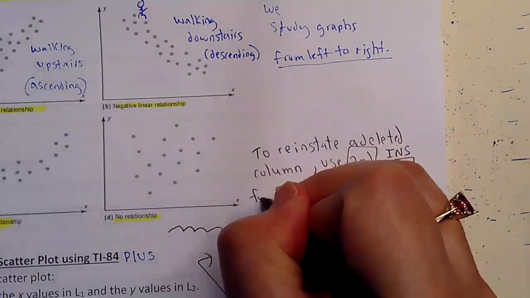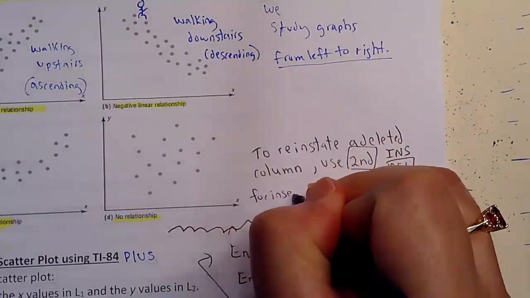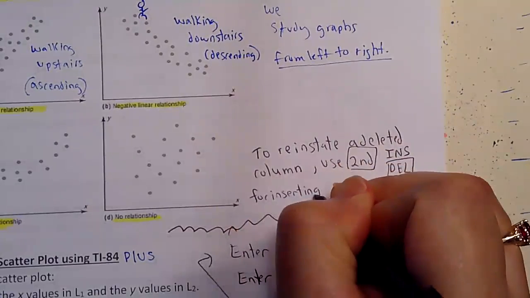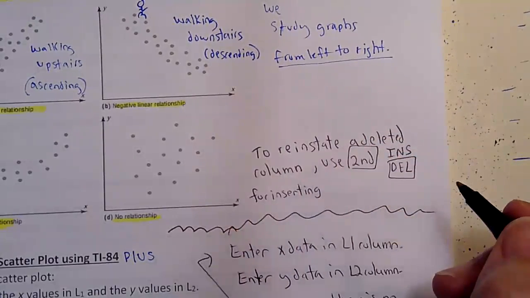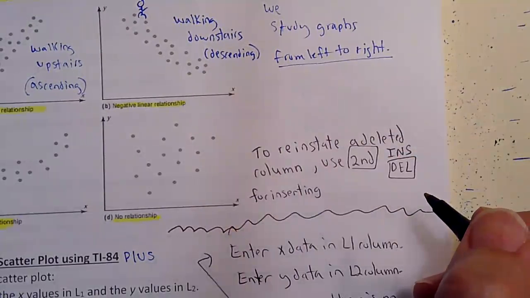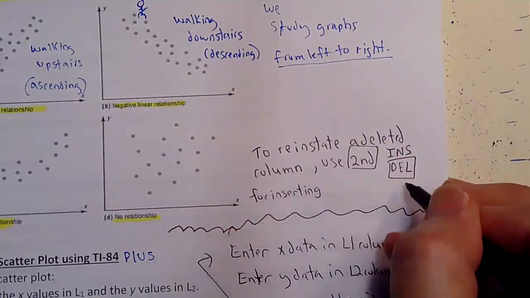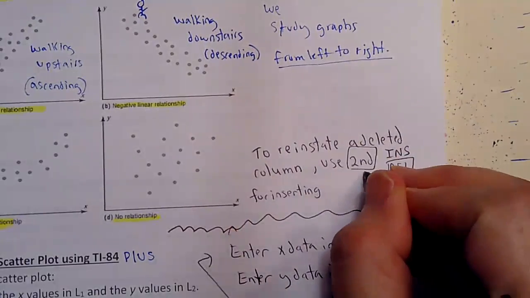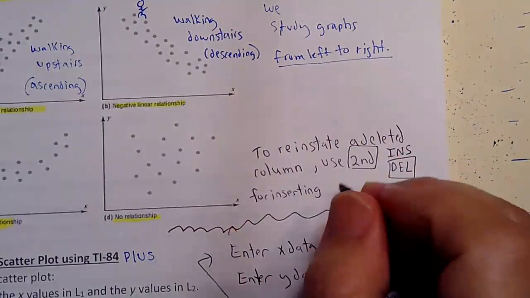To reinstate a deleted column, press second and then delete for inserting.